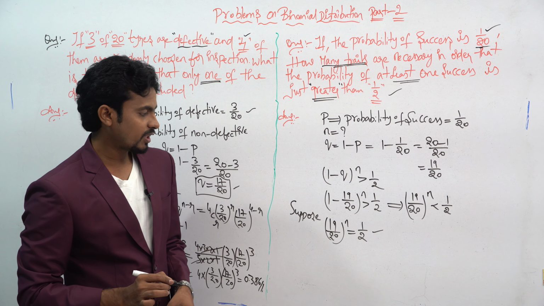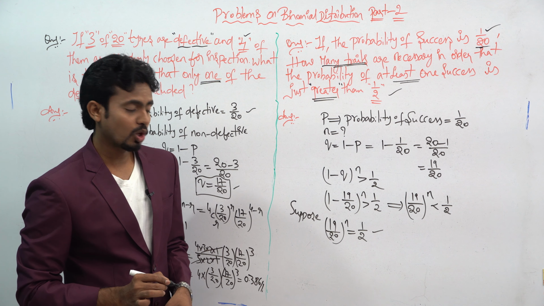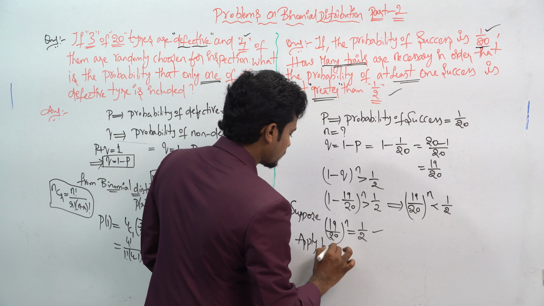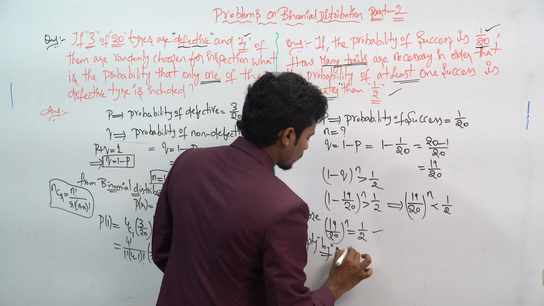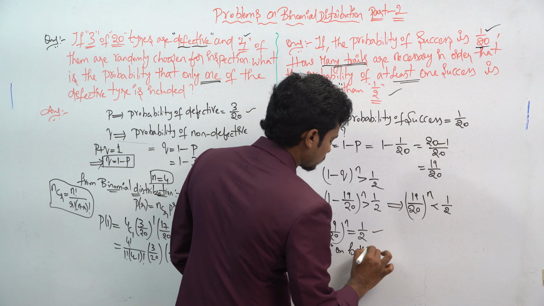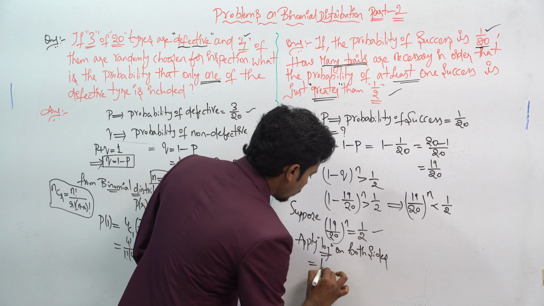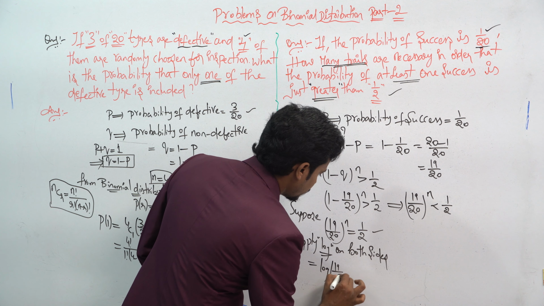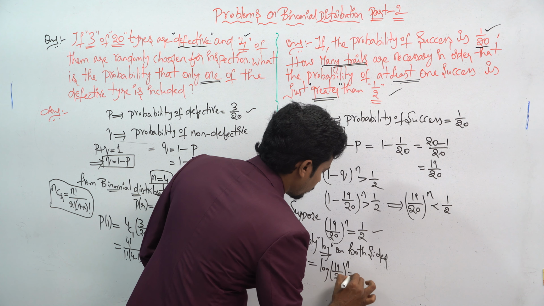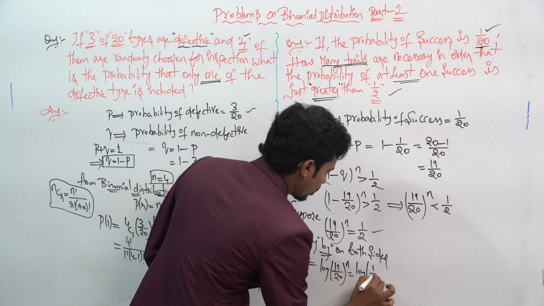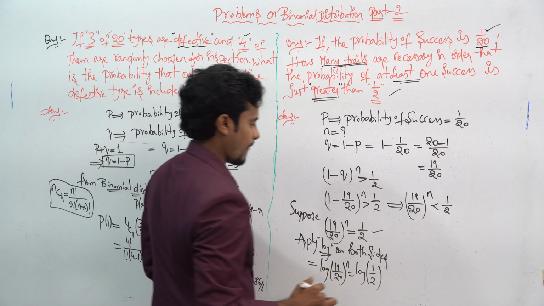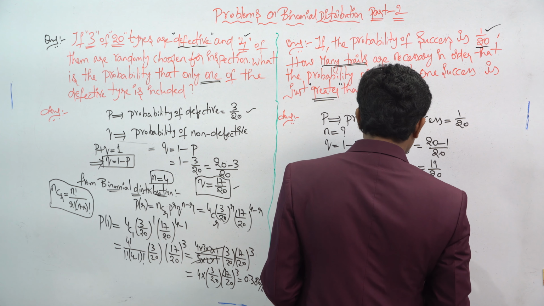Okay, now apply the log on both sides. So this will become log of (19/20)^n equal to log of 1/2.